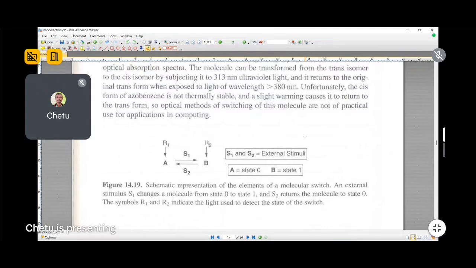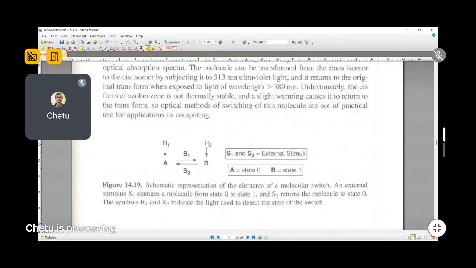So you can have light falling on the particular molecule, and it rotates the plane of the light in a clockwise or anti-clockwise direction, and that will be decided by the isomerism property of the molecule. So the molecule will have a state, either cis or trans, and then once the light falls on it, it goes into the trans state.